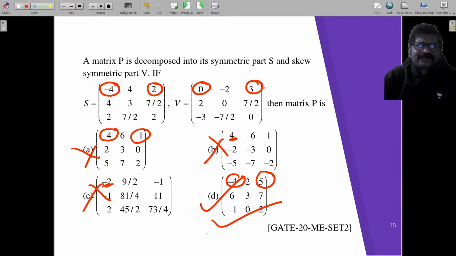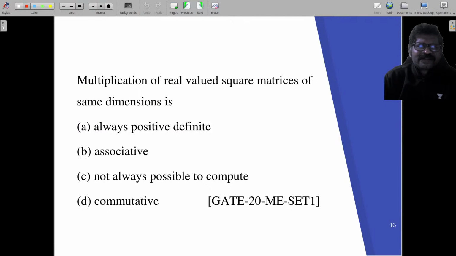Next problem. Multiplication of real valued square matrices of the same dimension: is it always positive definite? Positive definite means all eigenvalues are positive. You can't say. Suppose A is 3 cross 3 and B is 3 cross 3. If they are of the same dimension, then associative is the second option.